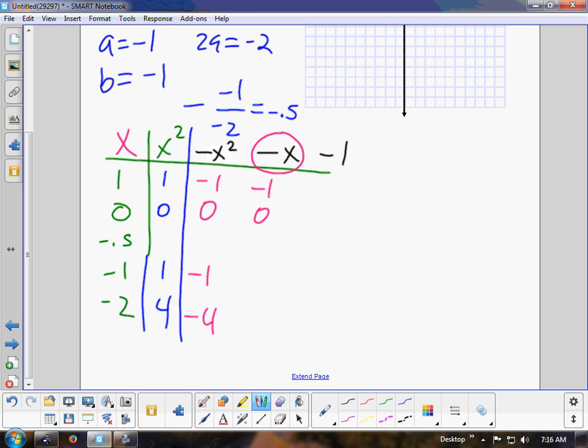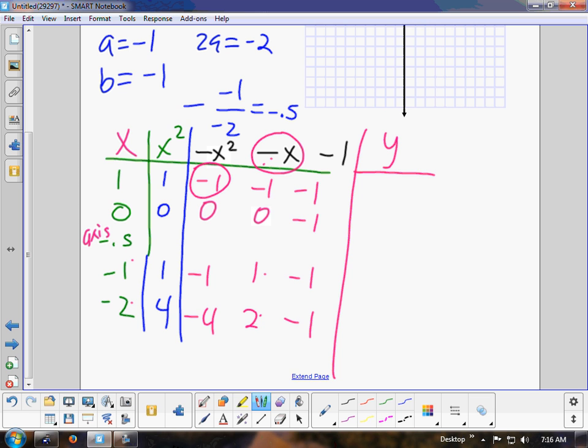Not going to worry about the axis at this point. And 1 and 2. So we're just doing these numbers here to get these numbers here. And then we're going to add -1 to all those. So my y value is going to be adding up the three things I need. -3, -1, -1. Again, my axis is here.